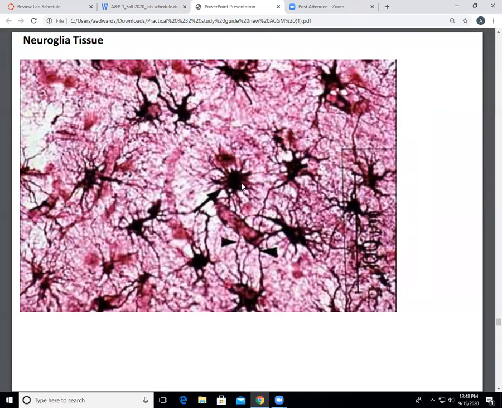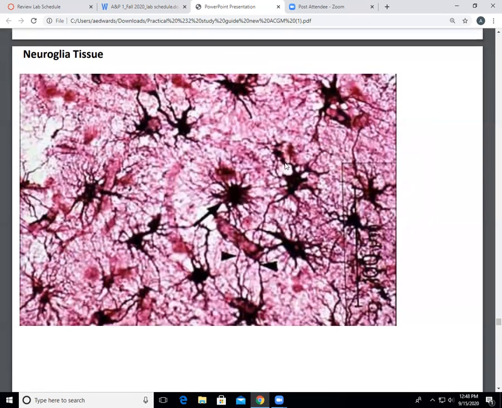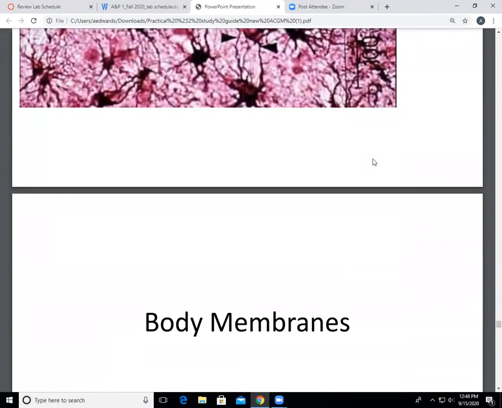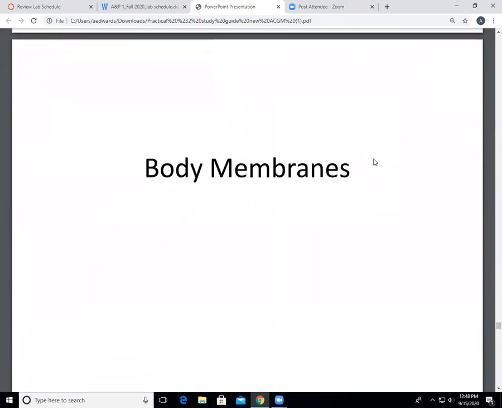And these black squiggly line things hopefully look a little bit like these in terms of shape. Okay. All right. So I'll give you a couple minutes to talk about nervous tissue and what you learned.